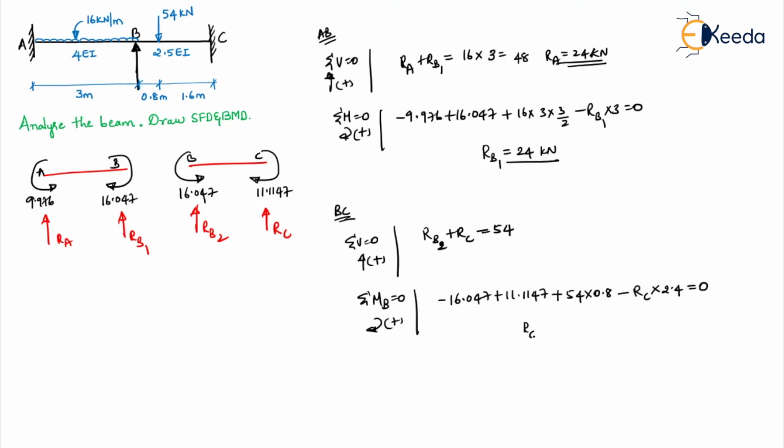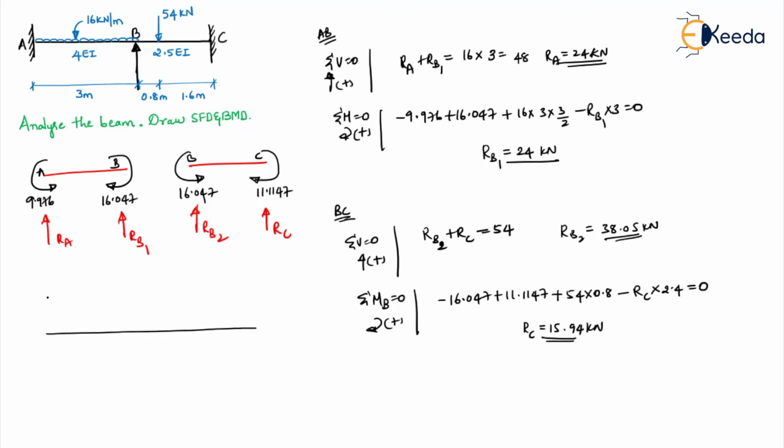So that will give me RC equal to 15.94 kilonewton. Substitute it here, you will get your RB2. It's 38.05 kilonewton.